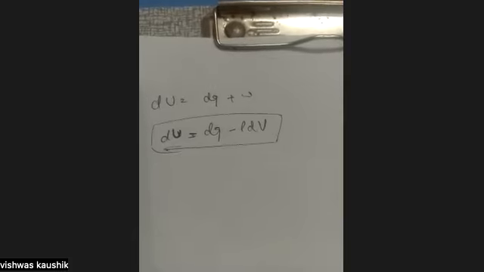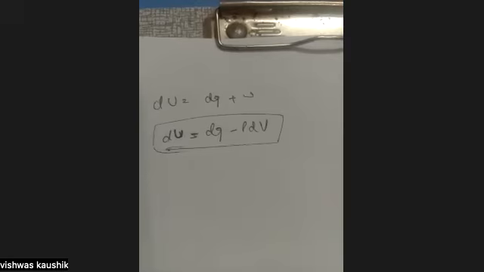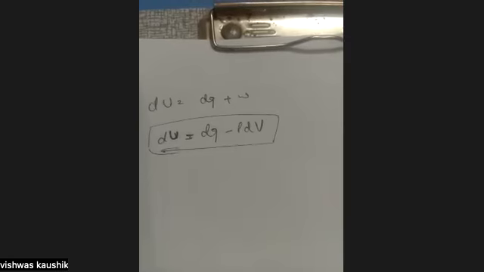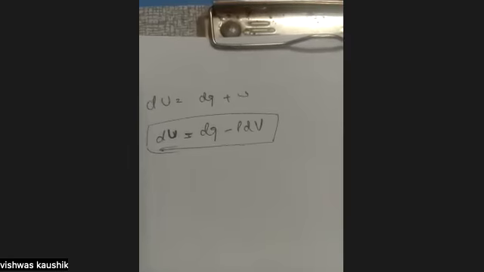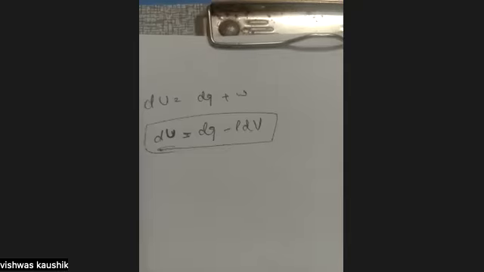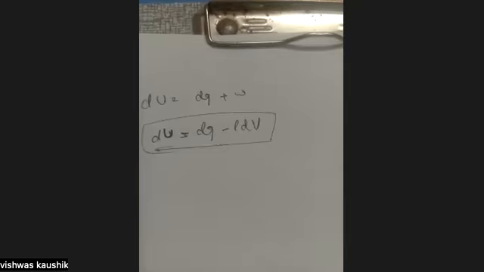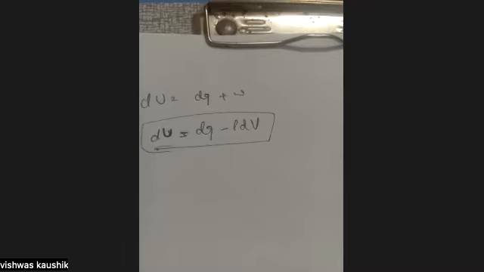For example, if we take N2 and H2, both gases have their particular entropy, but if we mix these two gases, then the combined entropy will be known as the entropy of mixing.